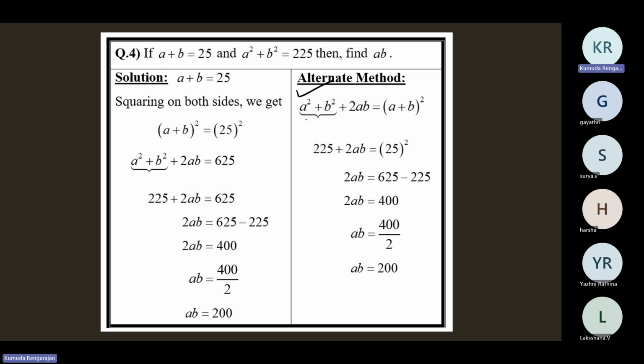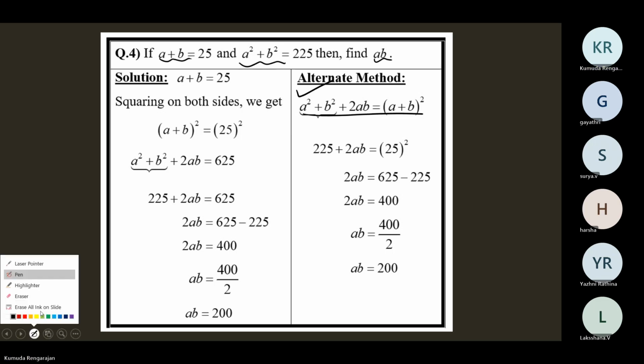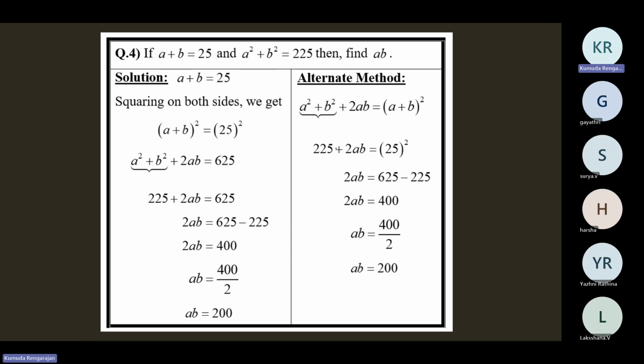Write the identity. Why we write this identity is because these expressions are found in this identity. So write the identity, substitute the values given. We know a square plus b square is 225, a plus b is 25. And solve this to find the value of ab.